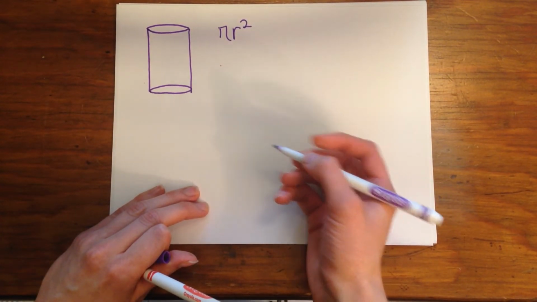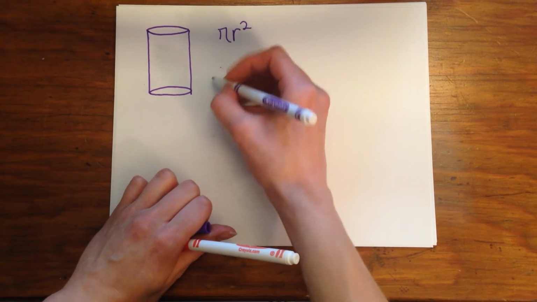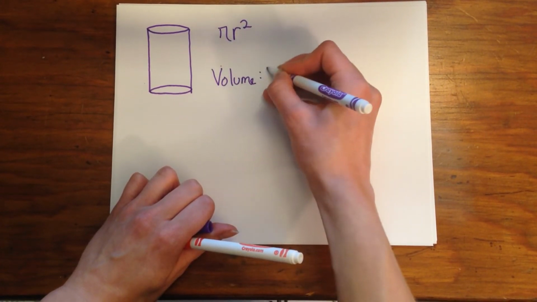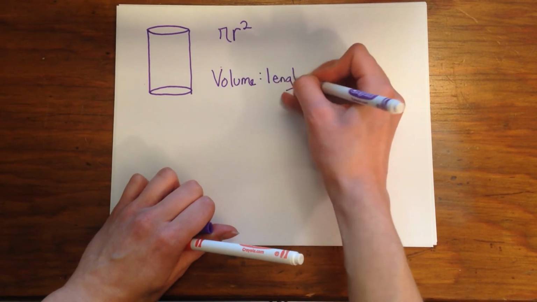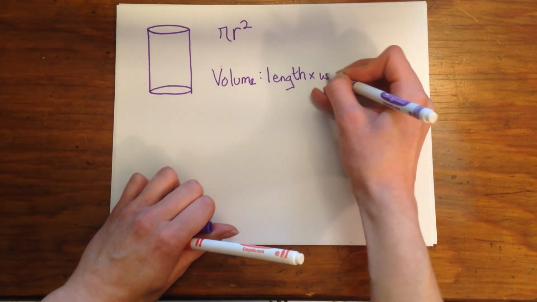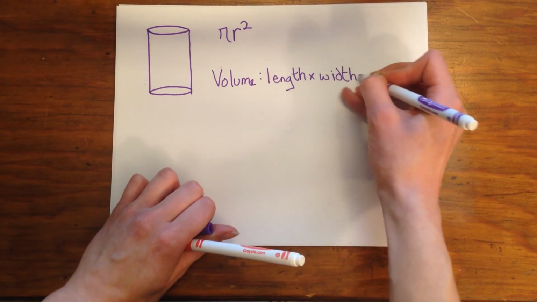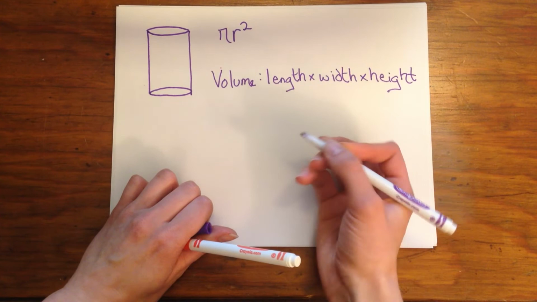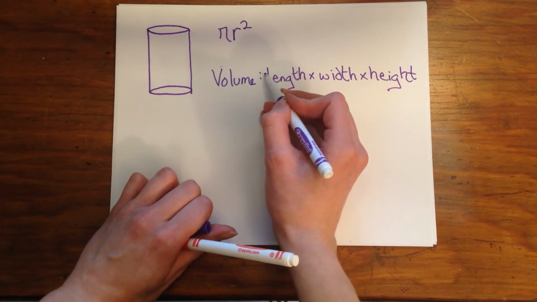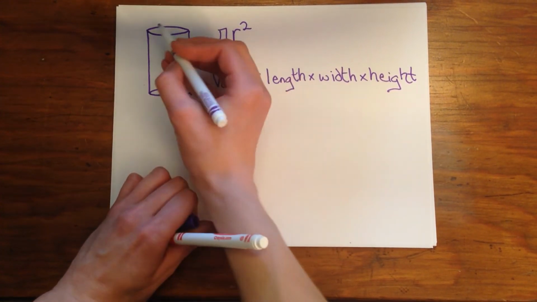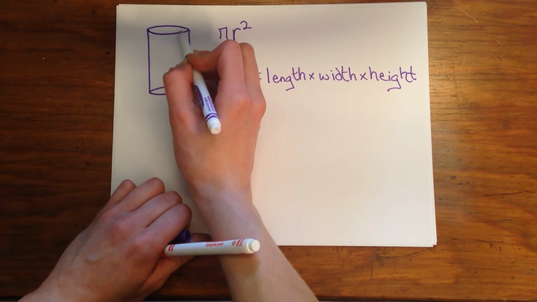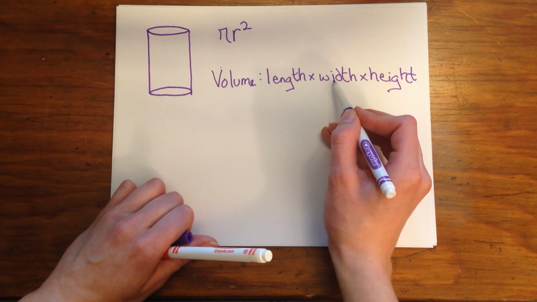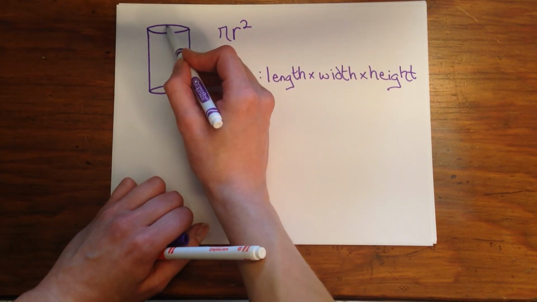And some of you might remember that to find volume, usually we think of this volume as length times width times height. So length times width, really, is talking about the area of this circle up here. We just called width height last time, okay? But this is really length times width that we're finding up here.